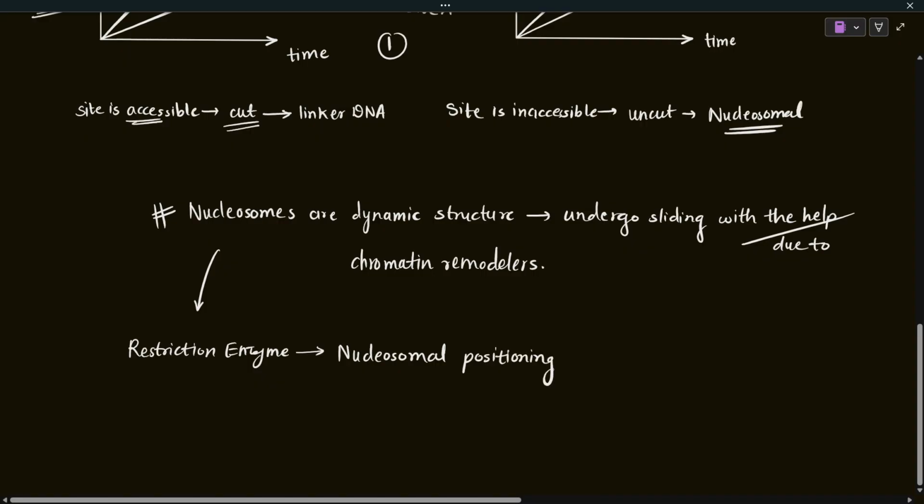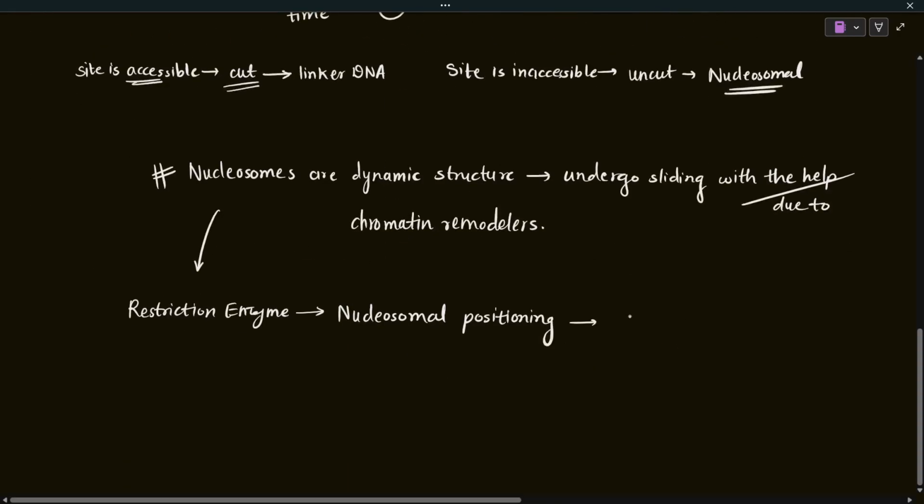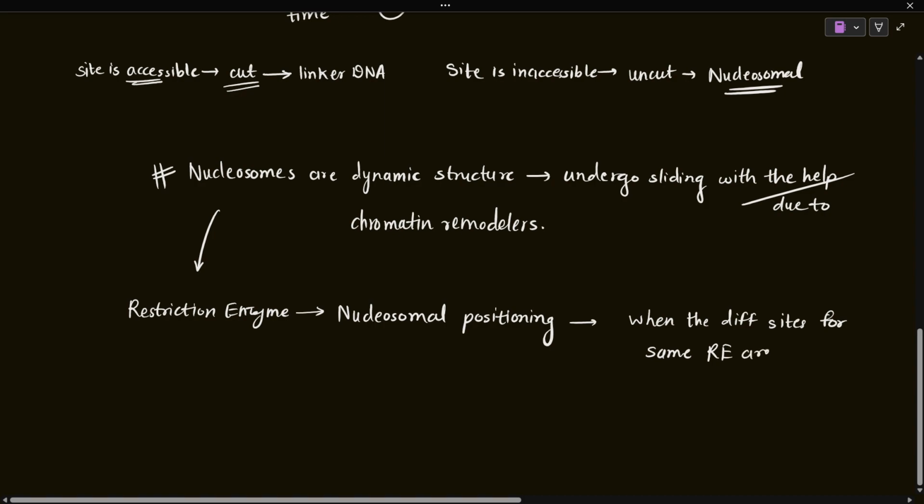You can exactly predict whether the different sites for the same restriction enzyme are occluded by nucleosomes or not.